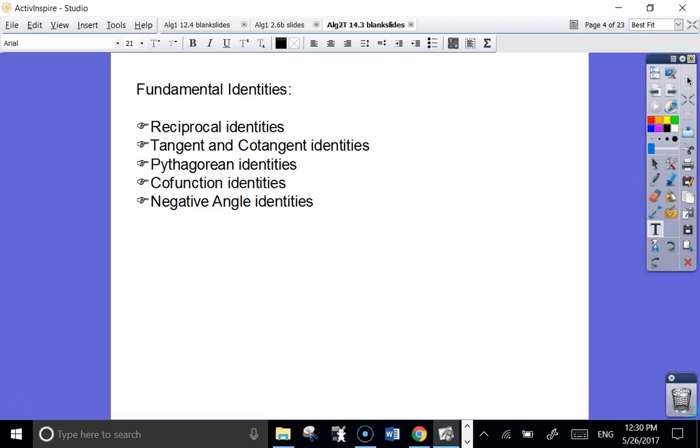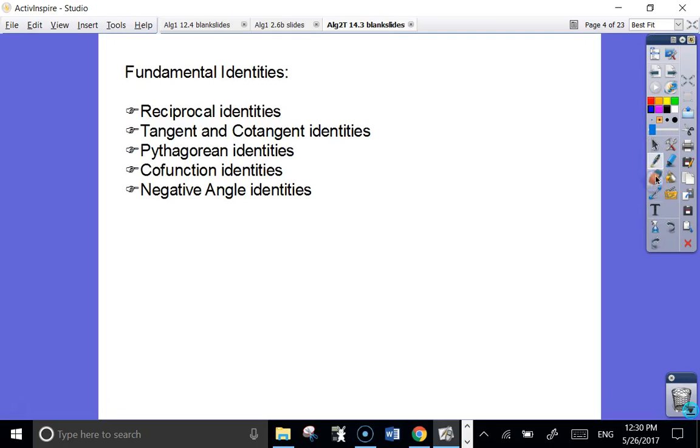One of the concepts that comes up is the concept of an even or an odd function. An even function is one where, for example, the cosine of x equals the cosine of negative x.